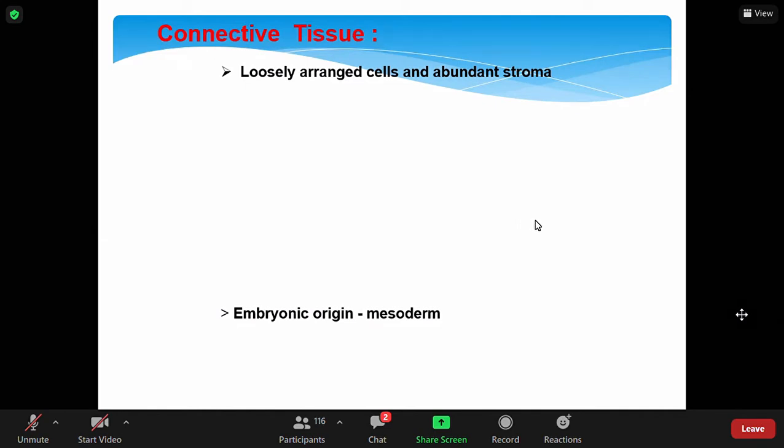Here in connective tissue, you would see it is loosely arranged cells and abundant stroma. How about in the epithelial? For the epithelial, it's densely packed. Yeah, that's right. It's densely packed, and they are like tiles, together, with minimal space between the two cells.